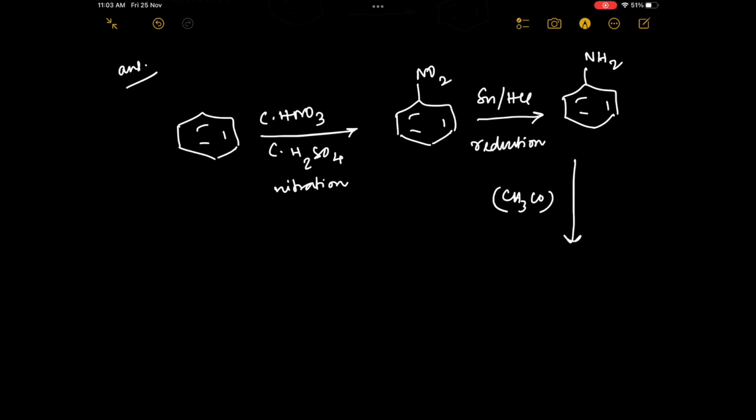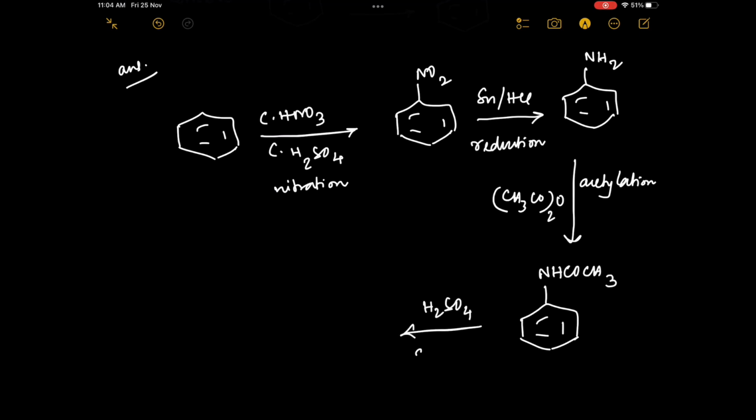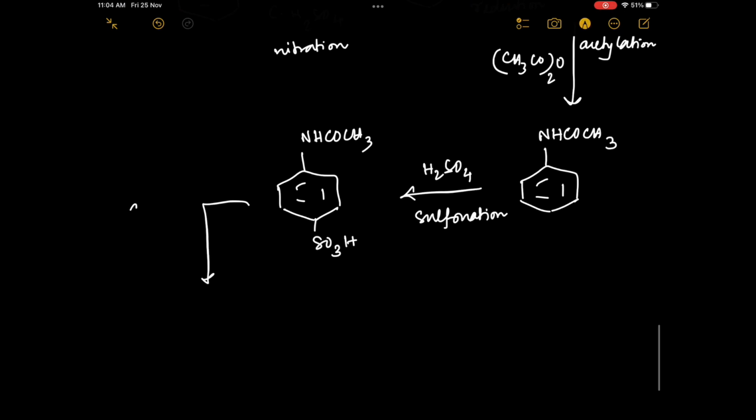Once this aniline is obtained, we acetylate it using (CH3CO)2O, which is the acid anhydride. We get the NHCOCH3, which when treated with H2SO4 gives us the sulfonic group in the para position, NHCOCH3 directing the SO3H, the sulfonic acid group, to the para position.